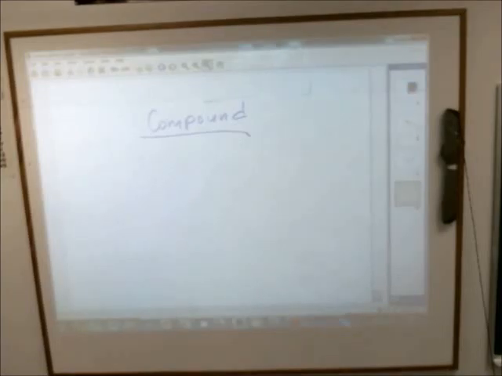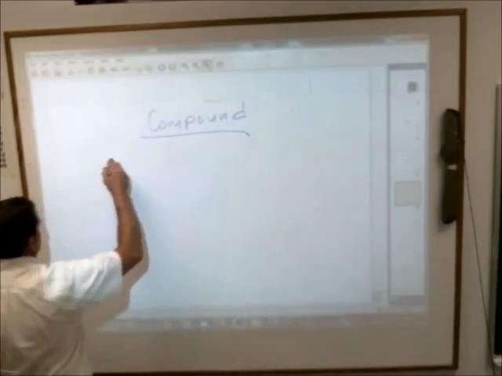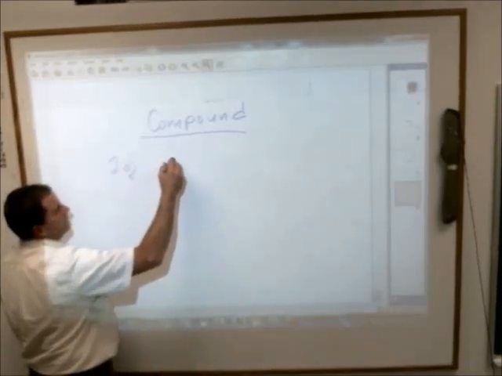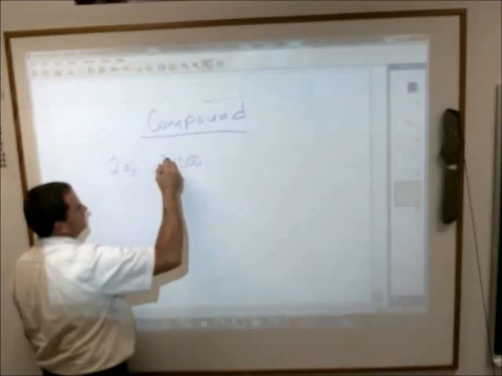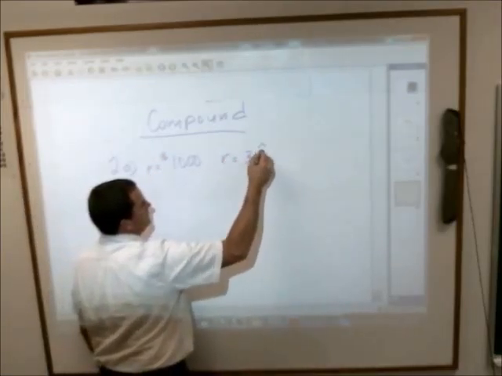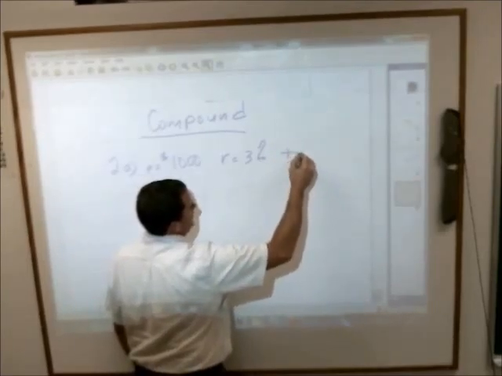Starting at case number 2 on your paper, it says you still invest $1,000, still at 3%, for 1 year. Question 2A says after 1 year, you have $1,000 in principal, still at 3%, but it's just 1 year.